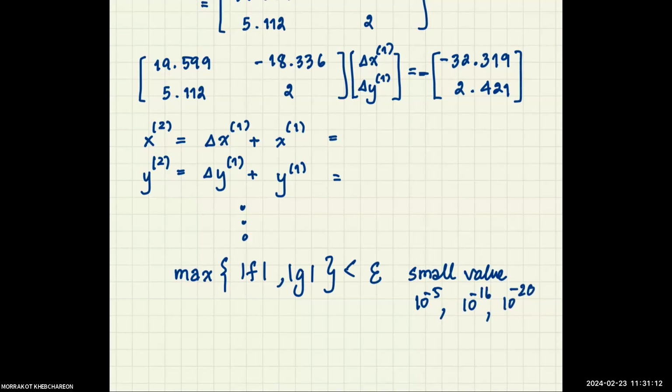Something like this, okay? You keep doing the same procedure until you get the final result. But for the exam or the practice, I will ask you to do just 2 or 3 steps, okay? But in general, you might have to do it many times.